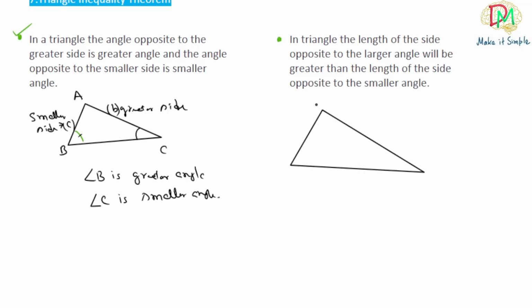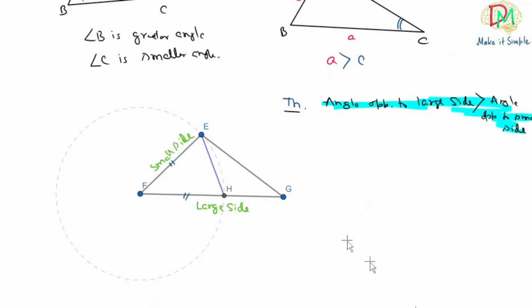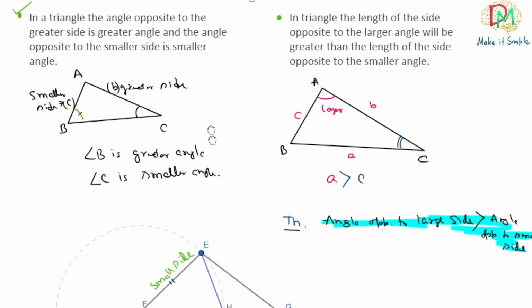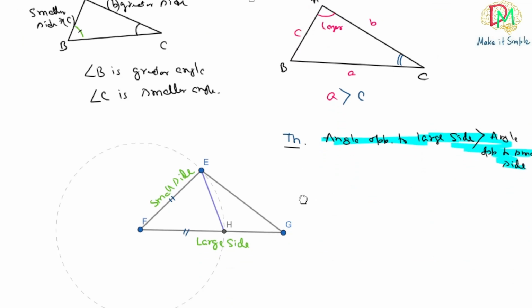If we draw a triangle ABC and the three sides are B, A and C, this statement says that the length of the side opposite to the larger angle, so here it is the larger angle, so this side A is greater than the side opposite to the smaller angle, so this is the smaller angle, and C is the opposite side, so A is greater than C. We have to prove the first theorem, and here it is equivalent.